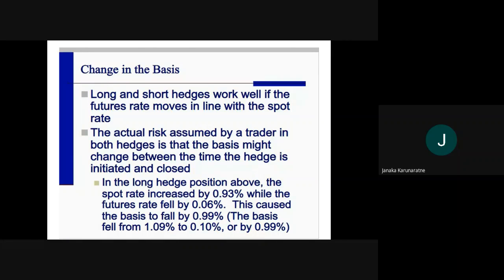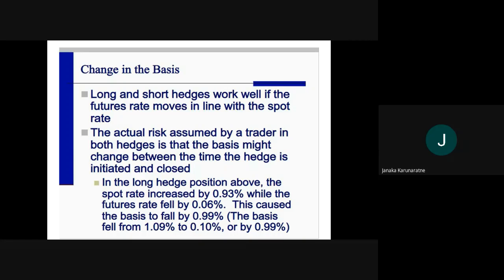When there's a significant difference, you can't exactly hedge your position. But if they are moving parallelly, then of course you can reduce your risk to a greater extent. So the actual risk assumed by a trader in both hedges, whether long or short, is that the basis might change between the time the hedge is initiated and closed.